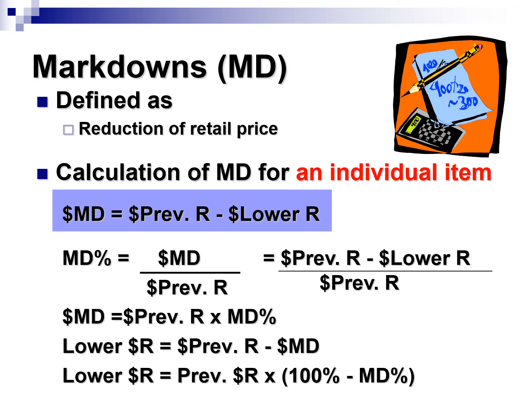But somehow, like I said before, we seem to forget this one more easily than any other formula. So remember that dollar markdown is the difference between the previous retail and the lower retail. On the next slide, we are going to take a look at some simple examples of pricing and markdown cases where we apply all these formulas and see how easy it is to apply them.